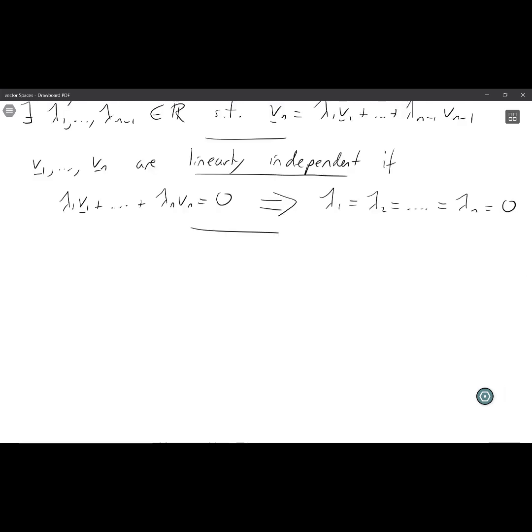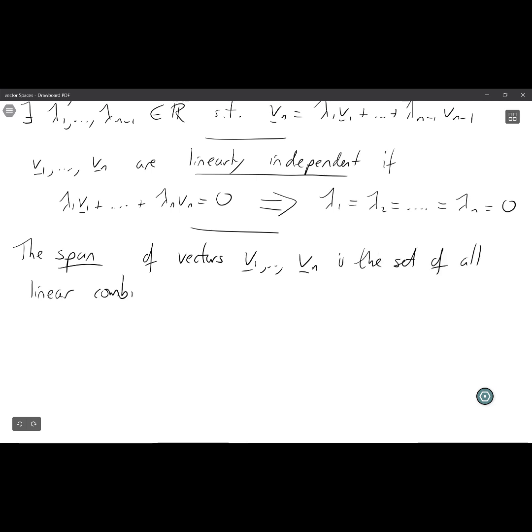The final concept we need before defining a basis is the concept of a span. The span of a set of vectors v1 up to vn is just the set of all linear combinations of these vectors. So what are the linear combinations? Well, let's write it out.